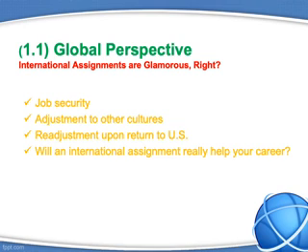Third, readjustment upon return to the US, for example. And finally, will an international assignment really help your career? In other words, can it develop your career? And this is a very important point to be considered.